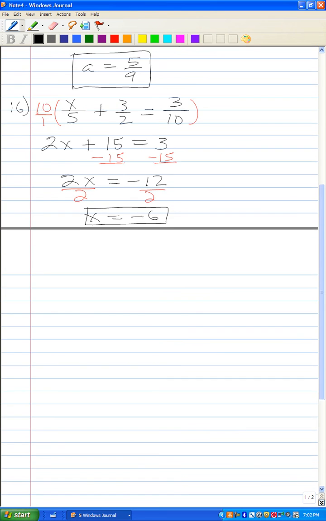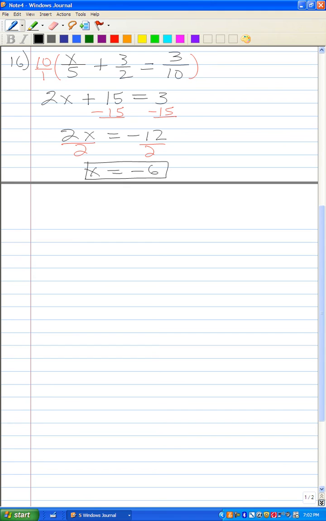Let me do problem number 38. 1/2 x plus 3 times (1/4 x plus 3) equals 4. Let me multiply the 3 inside the parentheses.